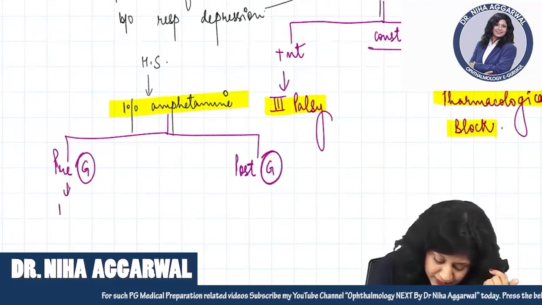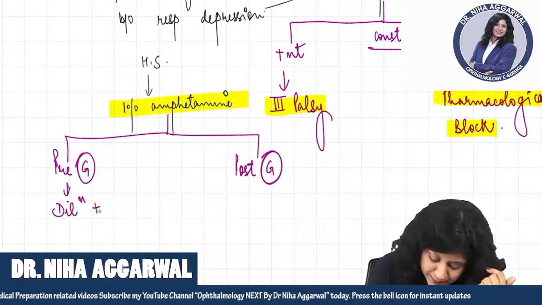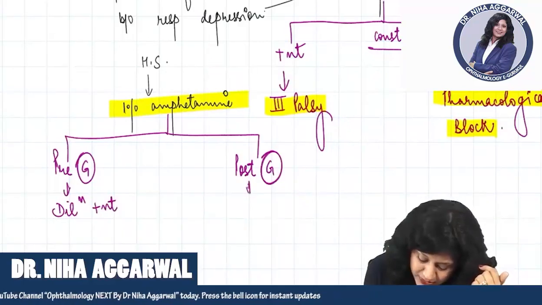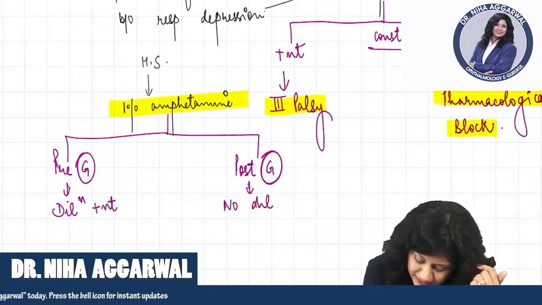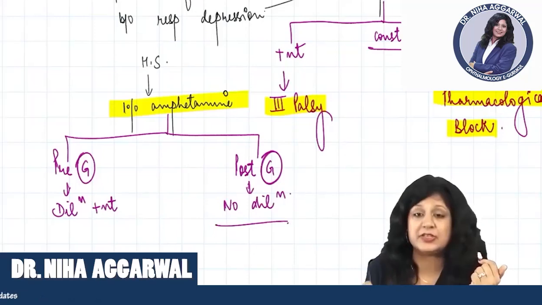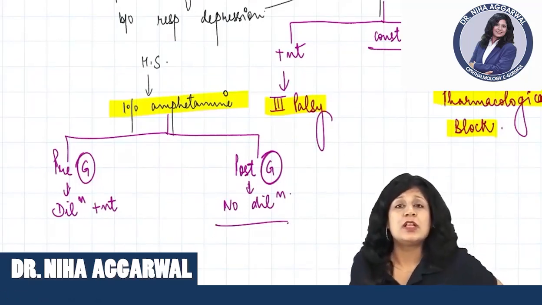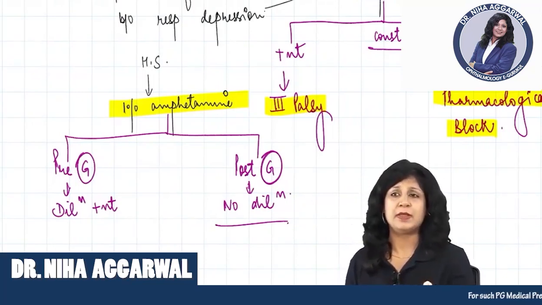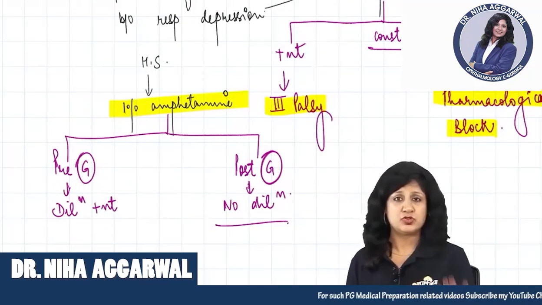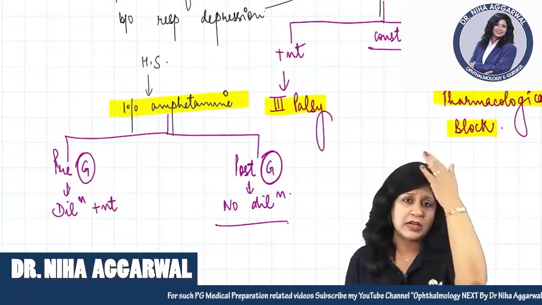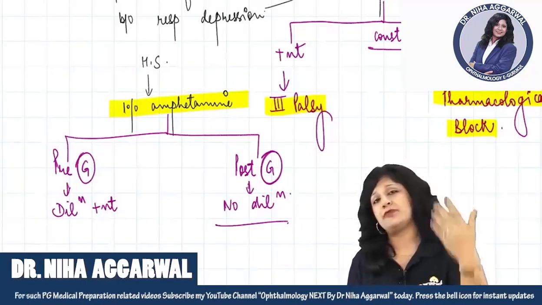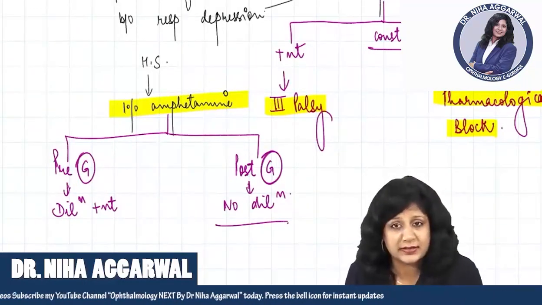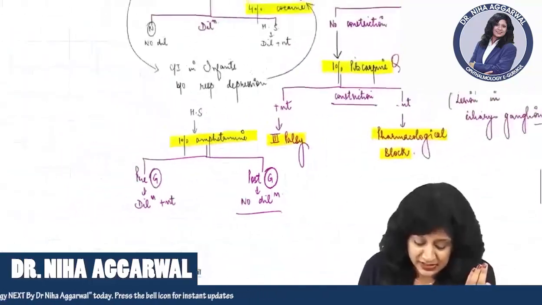In pre-ganglionic, the dilatation will be present, while in the post-ganglionic, there will be no dilatation. So this is the total flow chart through which you are able to solve any abnormal pupillary reaction. You also know the agents, which of the following are used, and what is the definitive interpretation if you are using them. Now what they have asked is pretty simple.